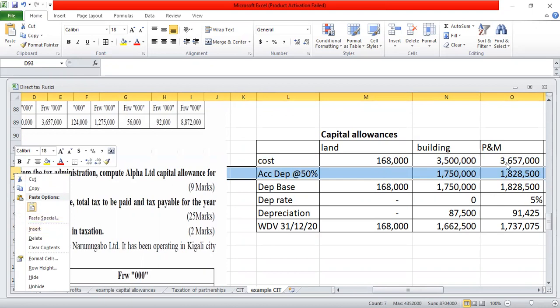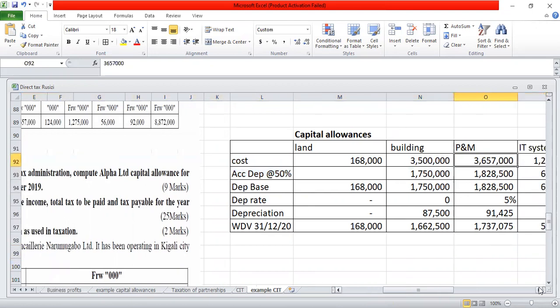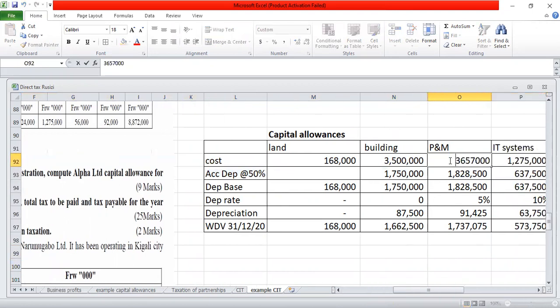Machine. We can add it 70, I think, here. Plus 70. Yeah, I think I've adjusted it. Thank you, Mr. Vianney.